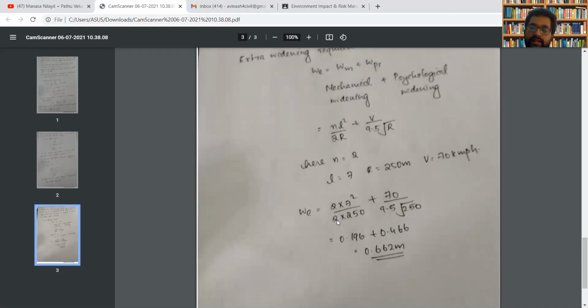So extra widening is equal to 0.196 plus 0.466, that is 0.662 meter. 0.662 is the answer for extra widening. So you have to provide an extra width of 0.662 meter, and this is obtained as the sum of mechanical widening plus psychological widening.